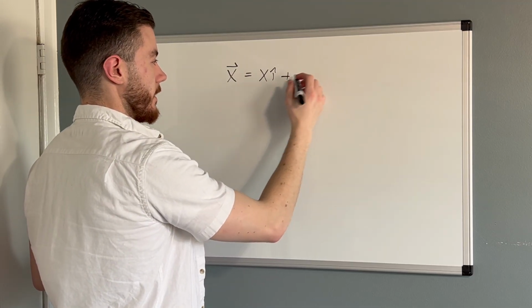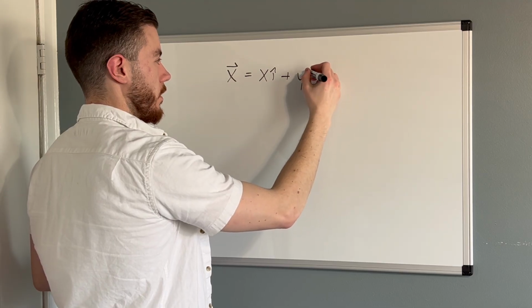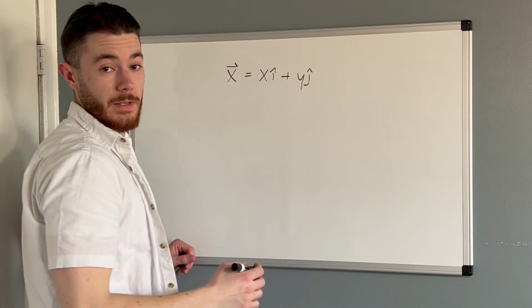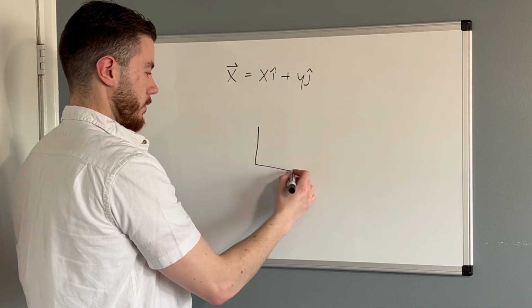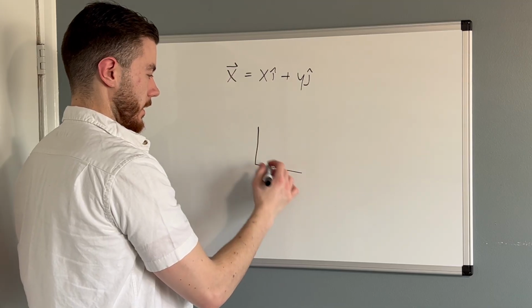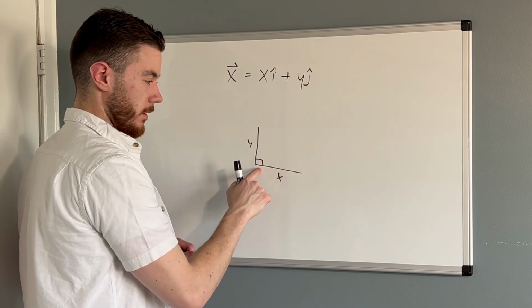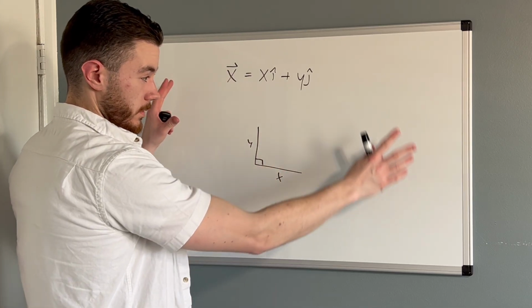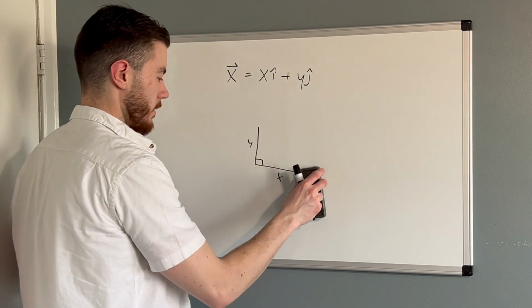So let's say x is 1 dimension and y is another dimension. It's at a 90-degree angle to x. Everyone's familiar with this. If this is x, then this is y, and the 2 dimensions make a 90-degree angle with each other, and they form the 2-dimensional plane that we're drawing on right now.